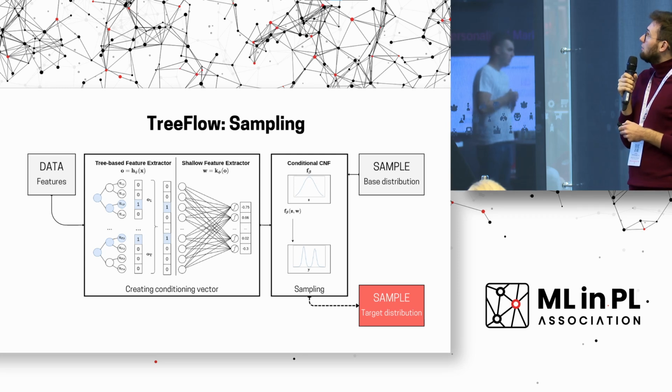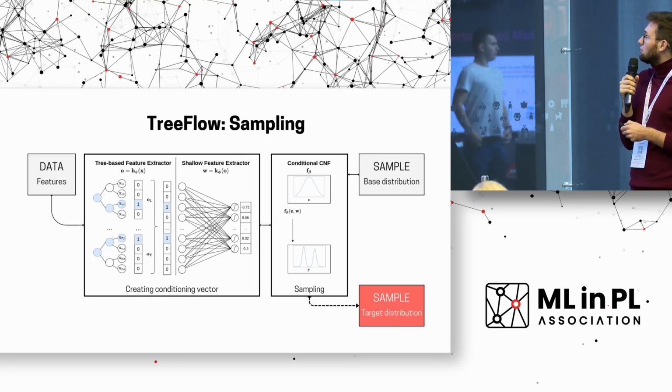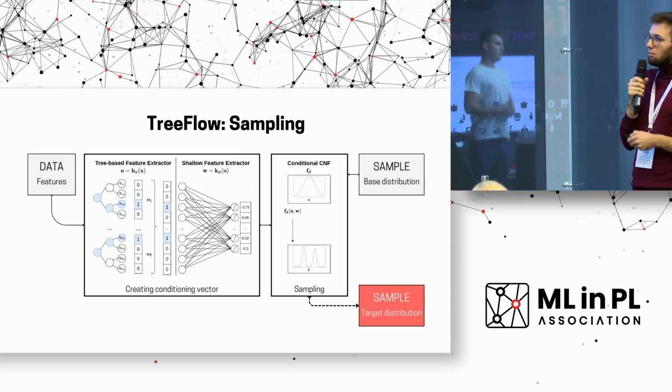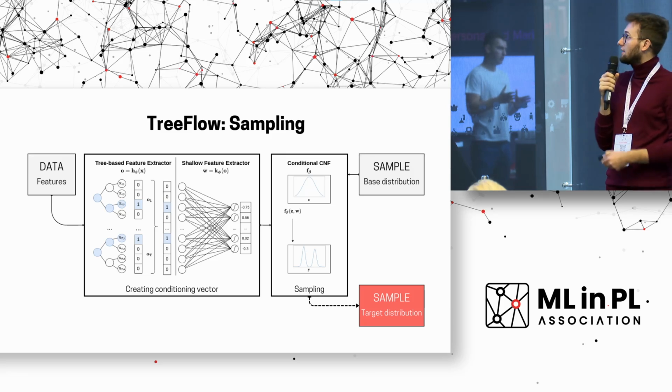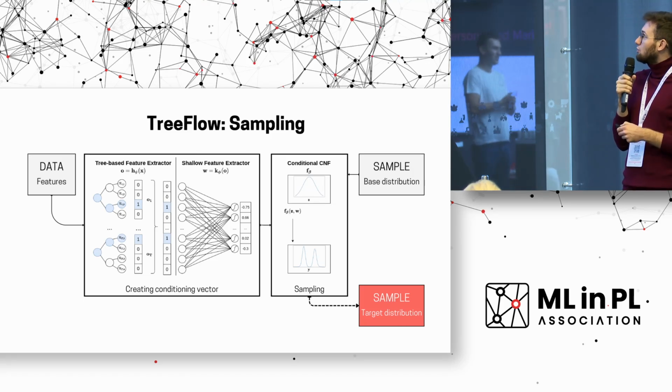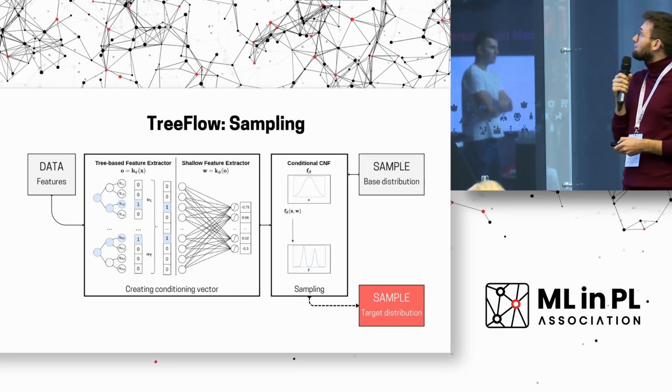From the perspective of the normalizing flow, we are sampling from the base distribution, so from the Gaussian, and we use the forward pass of the normalizing flow to convert this simple distribution, using this conditioning vector, to the target distribution, and we've got the sample. The sampling is especially important when we want to make a point prediction, because we are extracting the modes of this distribution to predict the specific point.